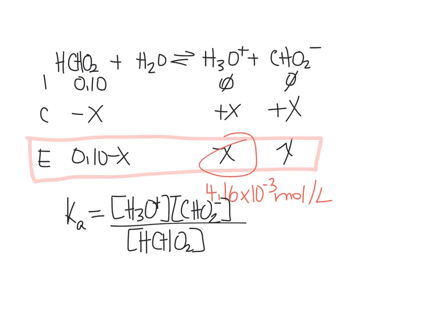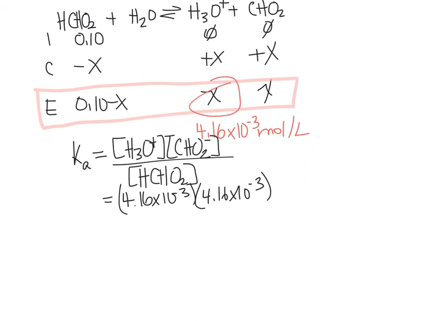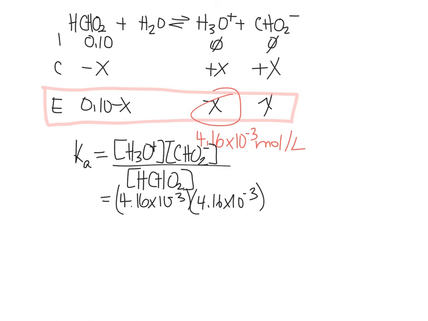We know our value for x, so we can substitute that in. 4.16 times 10 to the negative 3, and this is also x, all over 0.1 minus 4.16 times 10 to the negative 3.